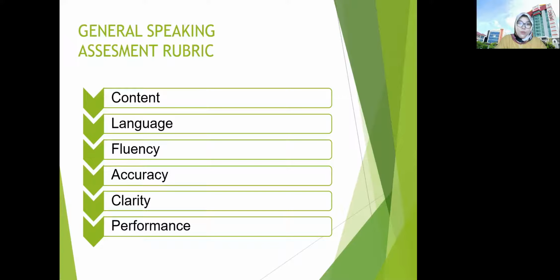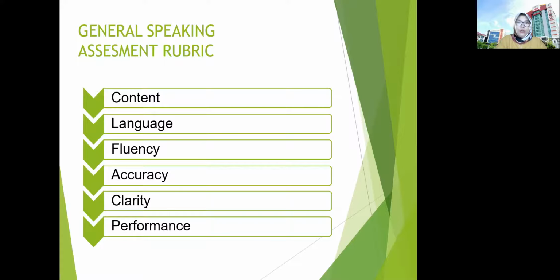And the last is performance. So make sure in doing public speaking, you are performing well. Like I said before, you have to make sure that the visual display of your performance is good to be seen, and representative of the topic or the role of public speaking at that time.